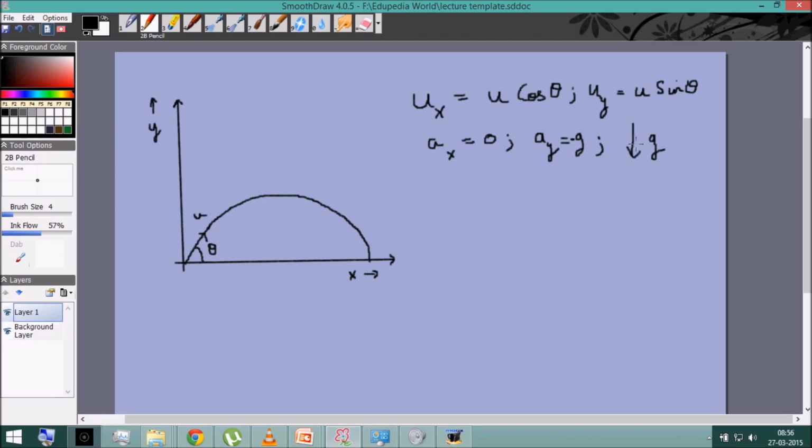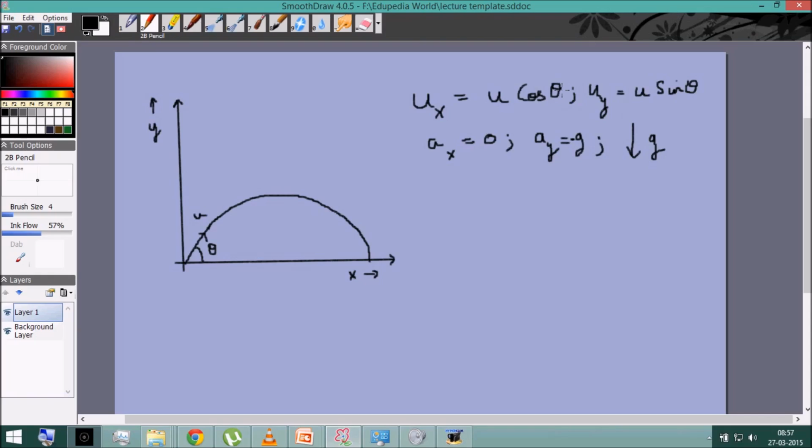So the first step would be to resolve everything along the 2 directions. ux would be the component of u along the x direction. We've seen how to calculate components in the lesson on vectors. u cos theta will be the component of u along the x direction. Similarly, uy will be u sin theta.